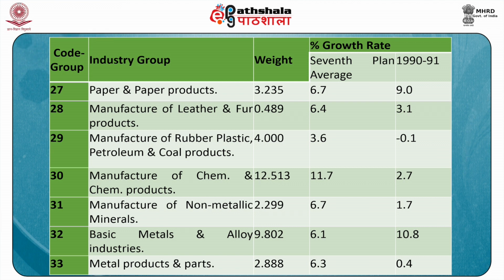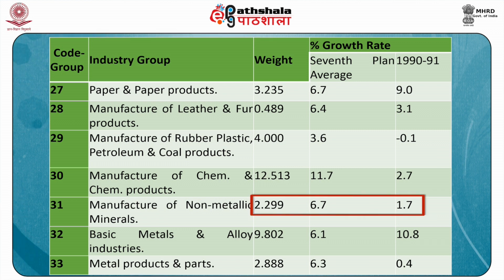Next, manufacture of non-metallic minerals. It weighted 2.299 with a growth rate of 6.7% in the 7th 5-year plan and 1.7% in the 1990-91 period. Next, metal products and parts.